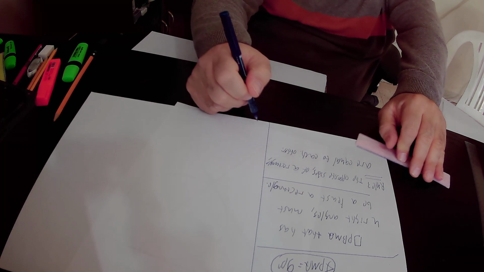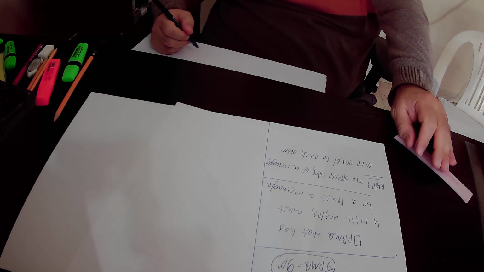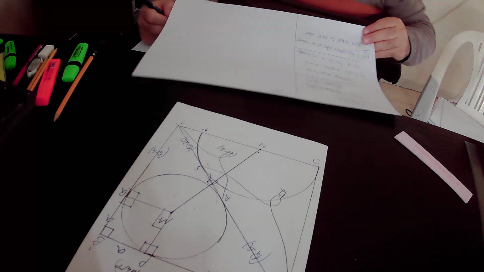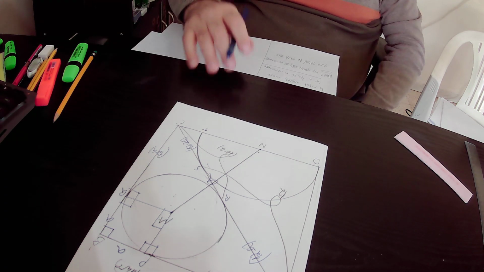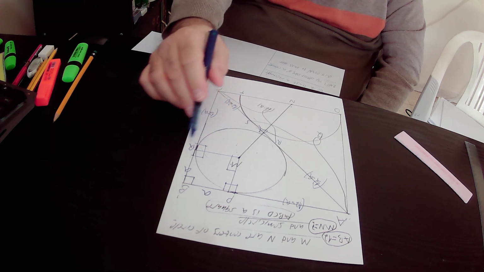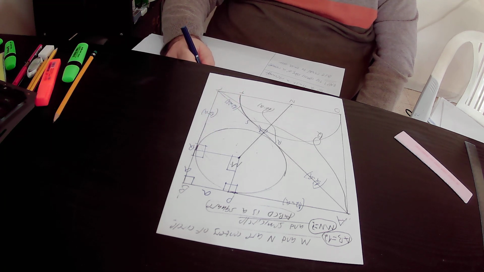I will read rule number 3 again. According to rule number 3, the opposite sides of a rectangle are equal to each other. So the opposite sides of rectangle PBMQ are equal to each other. That is to say, PB is equal to MQ.